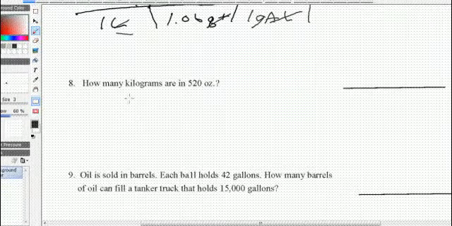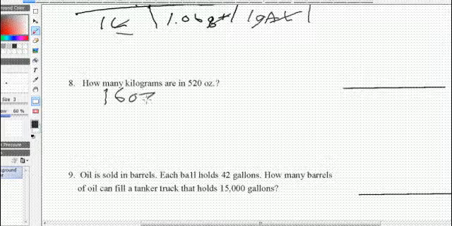How many kilograms is 520 ounces? Well, right off the bat, what do you know about ounces? 16 ounces is what? 1 pound. Right? Now the question is, is that right? No. You're looking for what? Kilograms. So this is wrong. We should start off with kilograms.